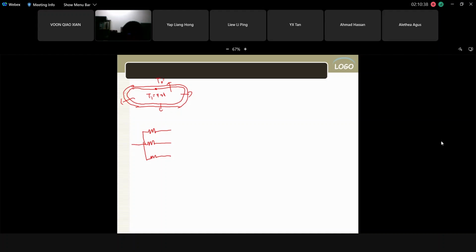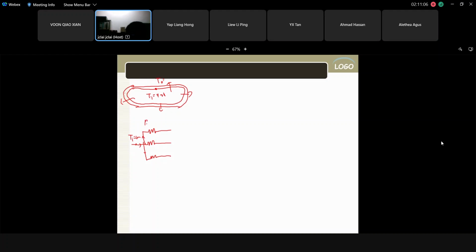This is T in 400. Heat is being transferred from inside to outside, from the oil to the outside air simultaneously, from all these 3 parts. So that's why you need to divide here, that's why it's parallel.